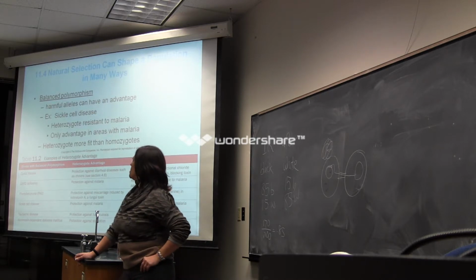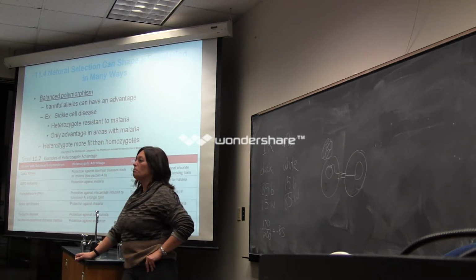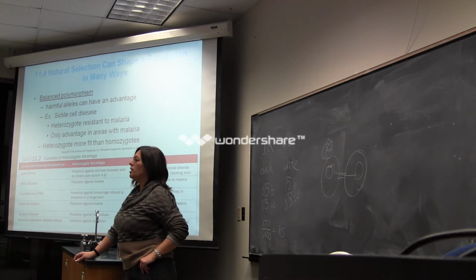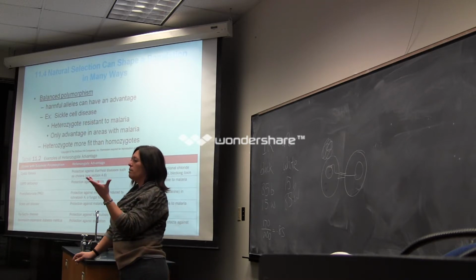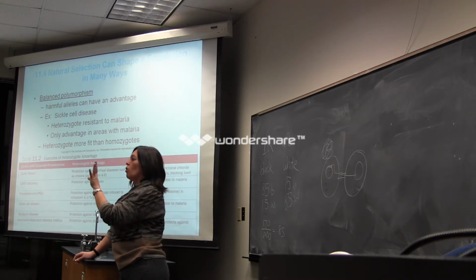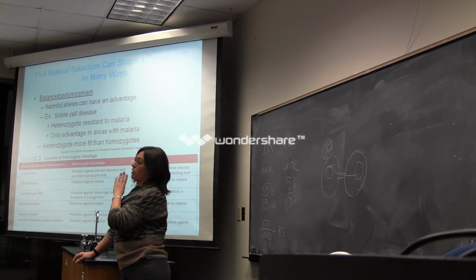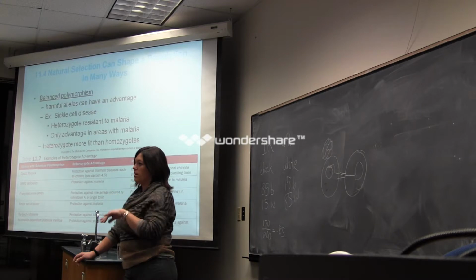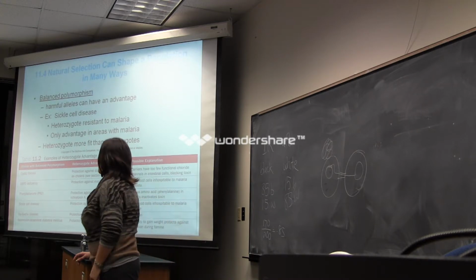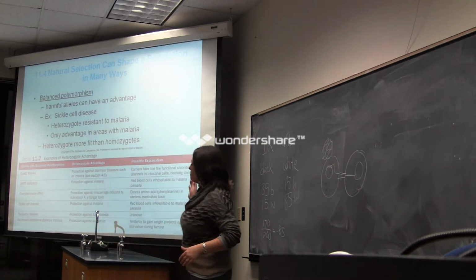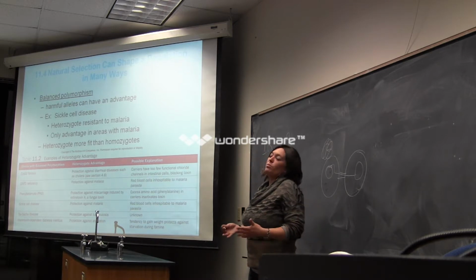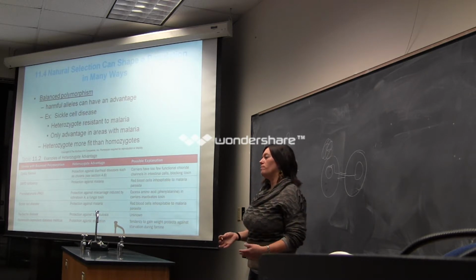When this happens, it's called a balanced polymorphism. Poly means many, and morph means to change. So polymorphisms are basically a really fancy way to say mutations, but these polymorphisms actually contribute to an individual's survival.